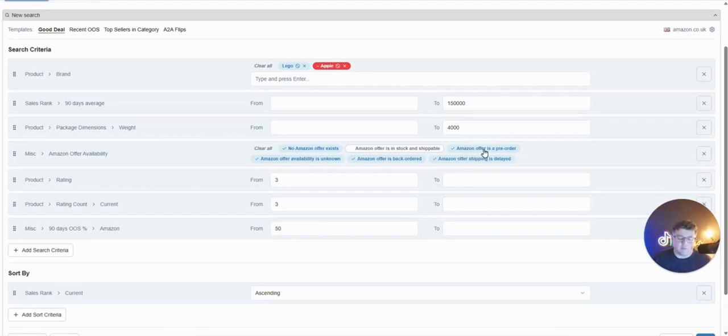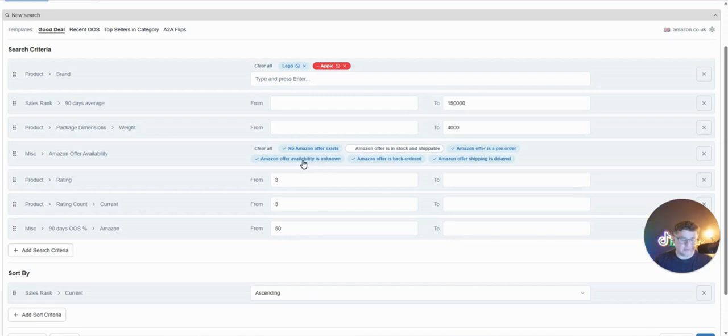The Amazon offer is a pre-order. To be honest, I never use that sort of filter because as a pre-order, that means it's usually a new type of product. And as an arbitrage seller, we're not going to have the advantage of getting that stock before it's out in stores. That is more as if you was either working with a brand directly, potentially working with a distributor or wholesaler.